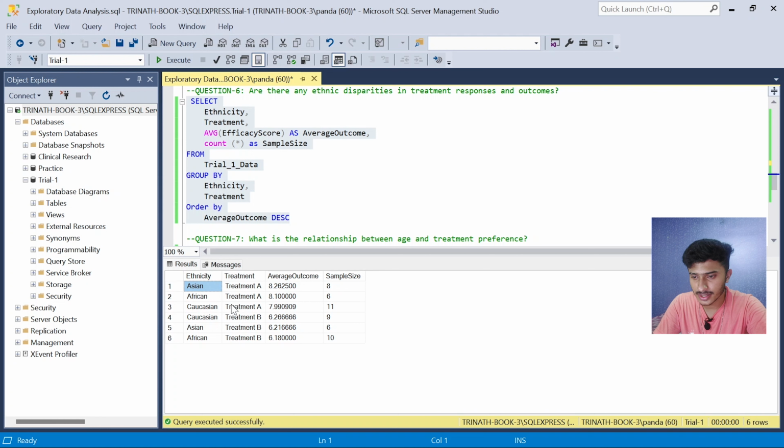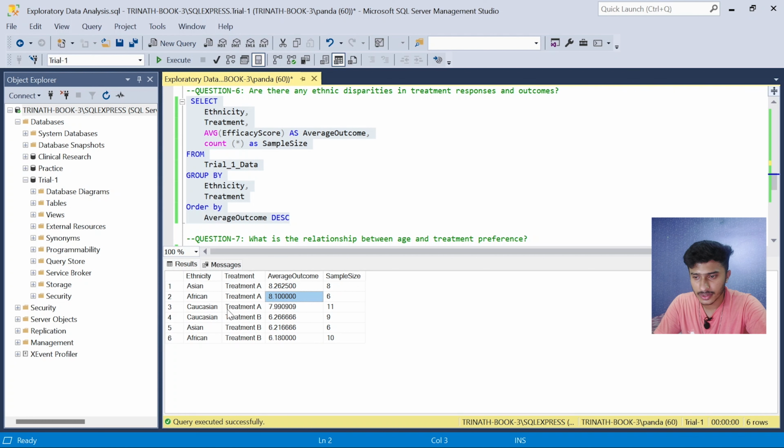So we can see that Asians who have treatment A have a good average efficacy score, but the sample size is small. Compared to treatment A, treatment B for Asians has the second lowest average outcome. And then Africans with treatment A have a good efficacy score.